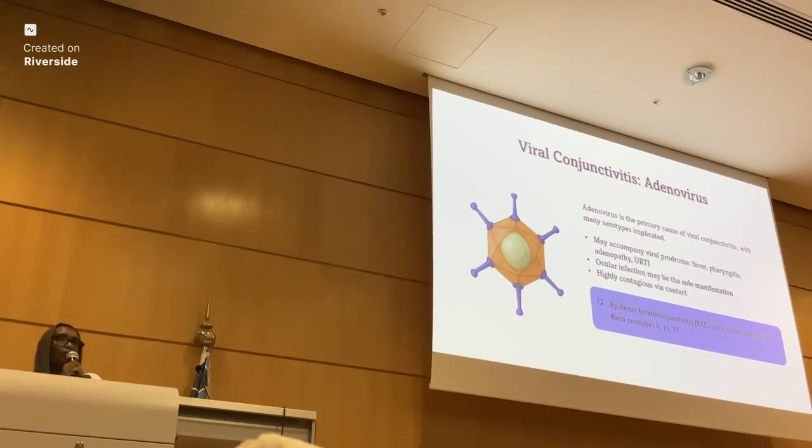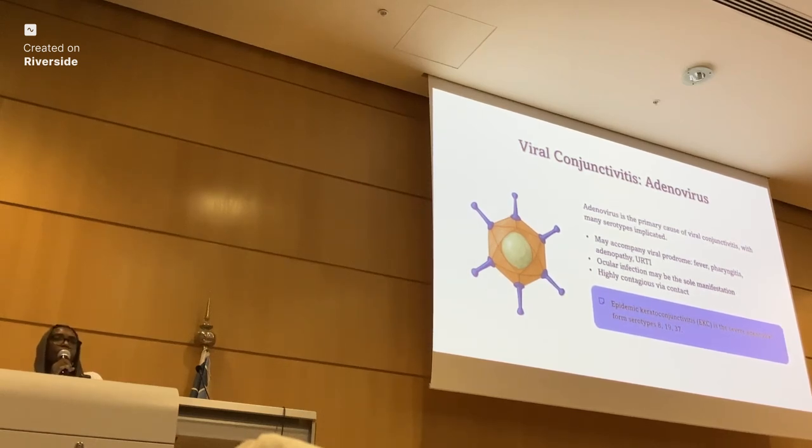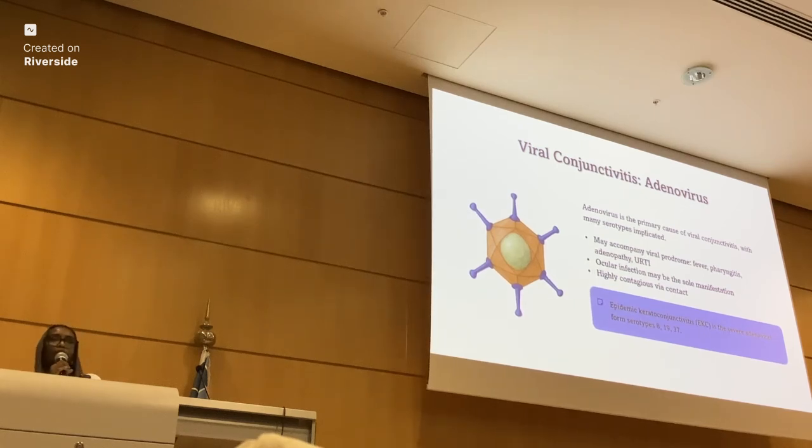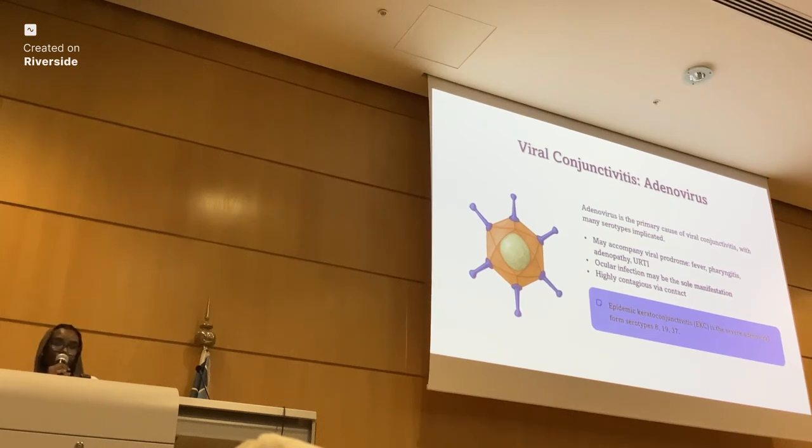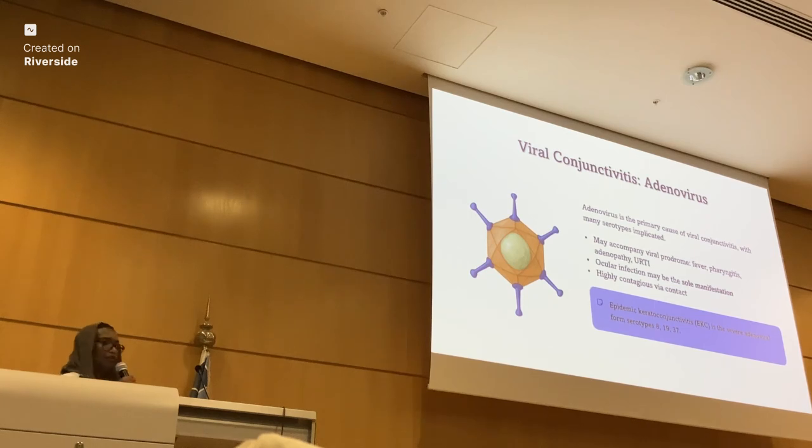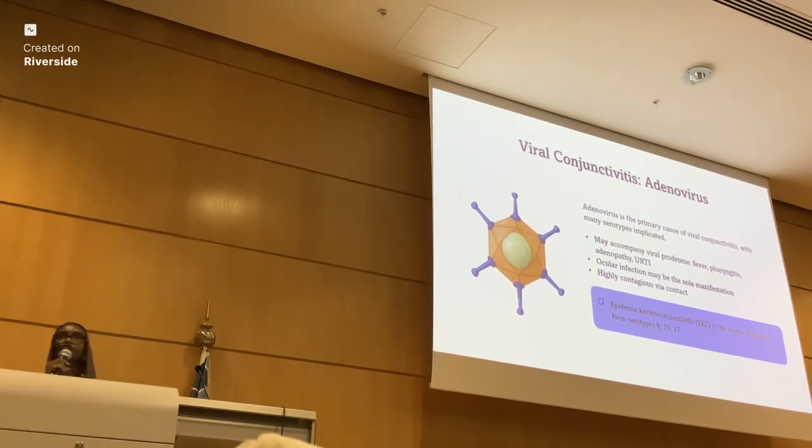They can also come with upper respiratory tract symptoms, so you have to take this into consideration. Upper respiratory tract infection due to a virus could also be joined with viral conjunctivitis. And again, it's a highly contagious infection, so you have to avoid contact.